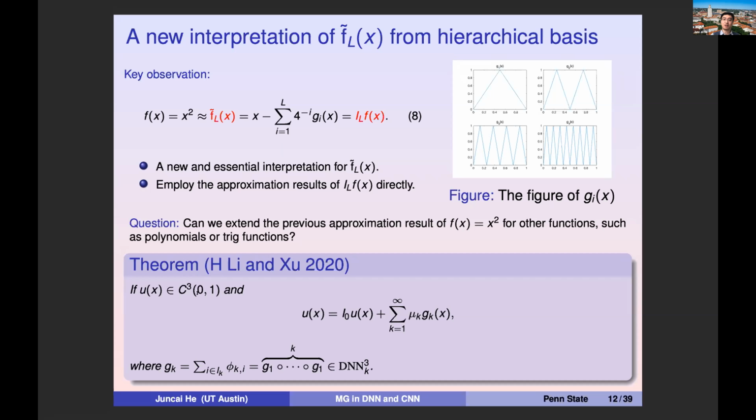But if you assume this function has some extra smoothness, there is only the quadratic function, nothing else. Only the square function x squared can achieve such an amazing approximation property.